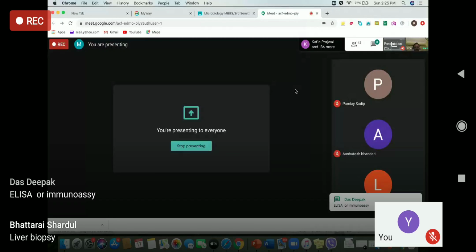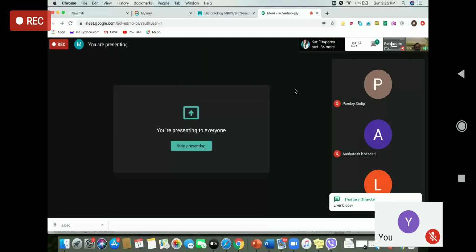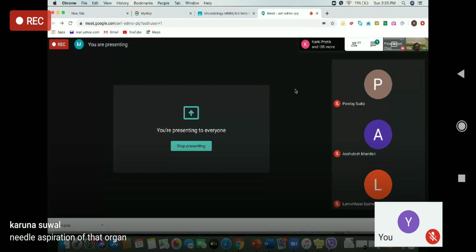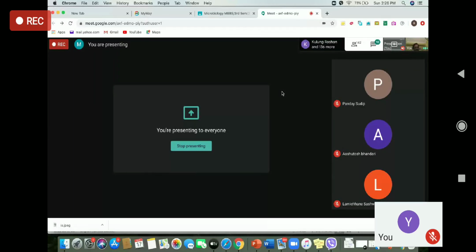Let's say FNAC-guided liver aspiration from that abscess. Karuna Shuhal has written needle aspiration of that organ. Very good. So you will have the CT-guided FNAC, and then you will collect the material.